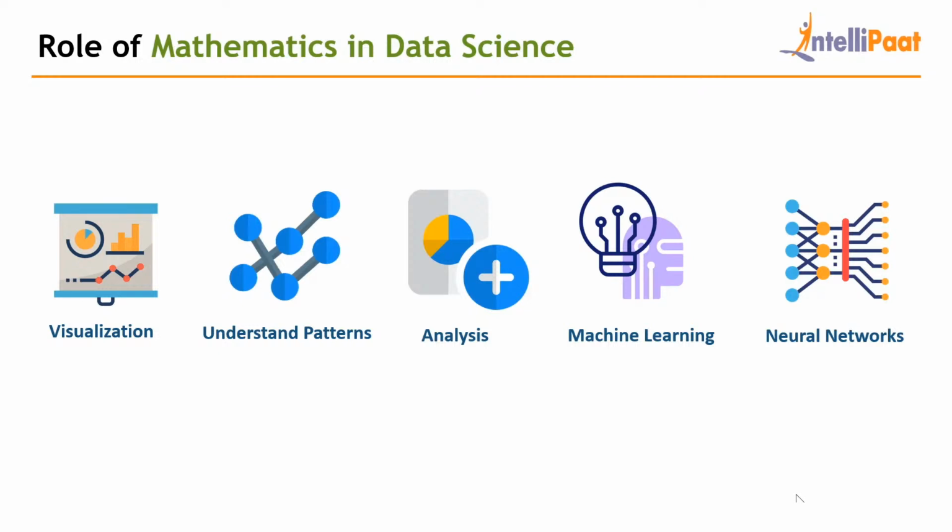It is done with the help of statistics, to understand various parameters of the data, such as the mean, median, and standard deviation. It all requires the use of statistics. Then another important task is creating machine learning models.